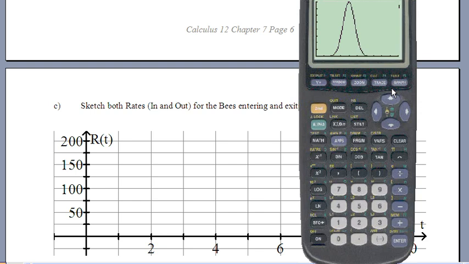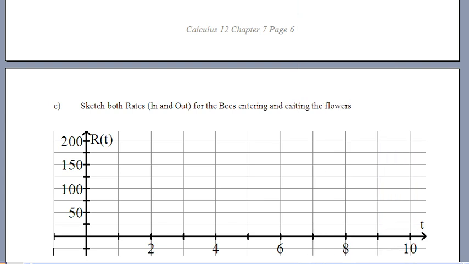Oh yeah, okay. So there's kind of a peak time of the day where those bees are really flying into the flower patch. And that's at time, looks like, 4. Okay, so that's maybe worth drawing in here, just really quick. Looks like we've got this peak value of 200 bees per minute entering at time 4.